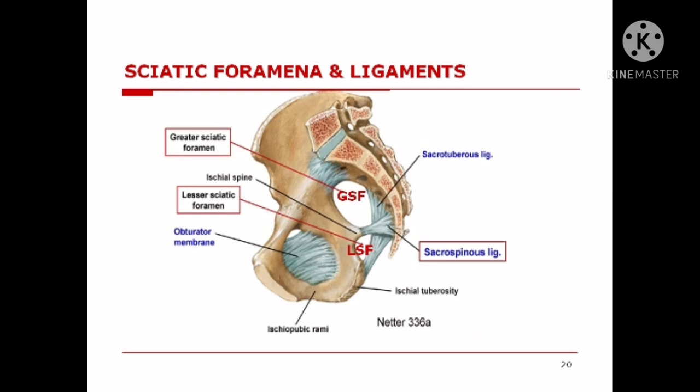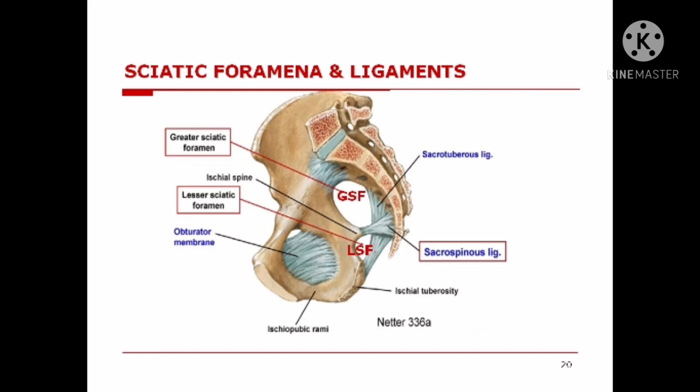sciatic notch. Now, these are notches and will be converted into foramina by bridging of these notches by means of the ligaments. Sacrotuberous ligaments arise from the sacrum and insert upon the ischial tuberosity.